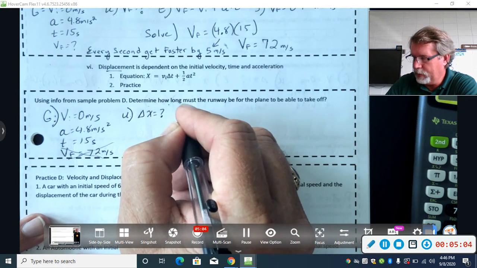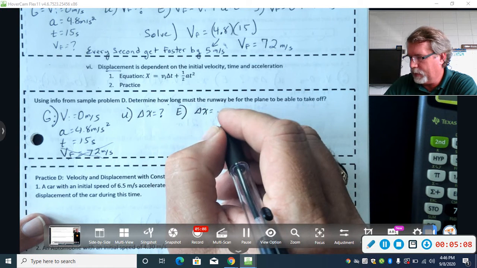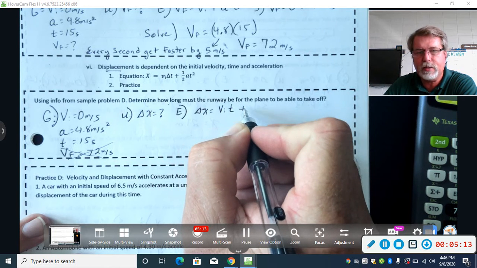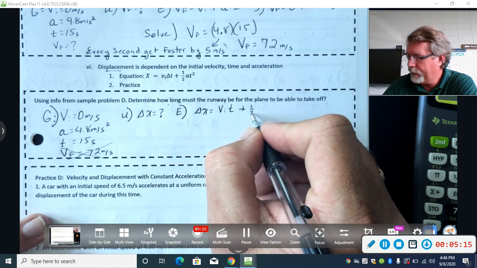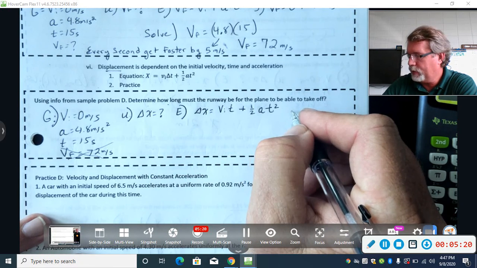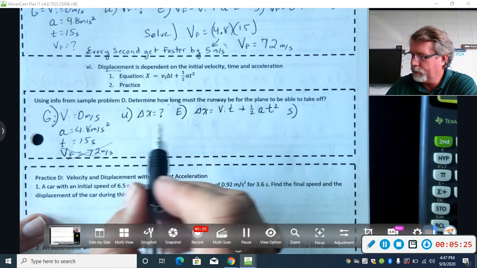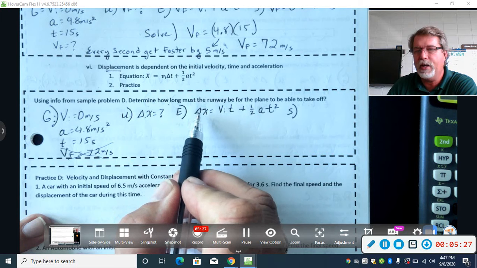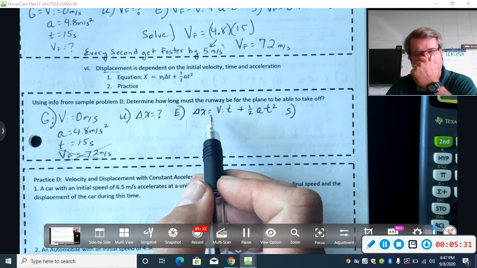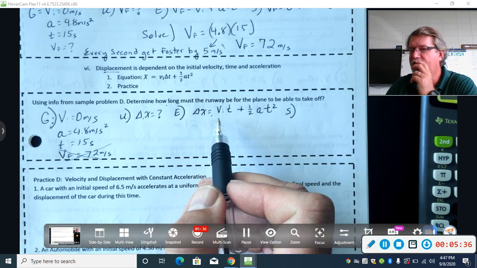So we need an equation, and the equation is the displacement of an object is dependent on the initial velocity and the time it took for it to travel, plus 1/2 the acceleration and t squared. So we just solve that expression. Since we're looking for delta x, and our equation is already written in terms of delta x, we don't need to do any special substitutions or anything there. We can just go right into solving this expression out, okay?